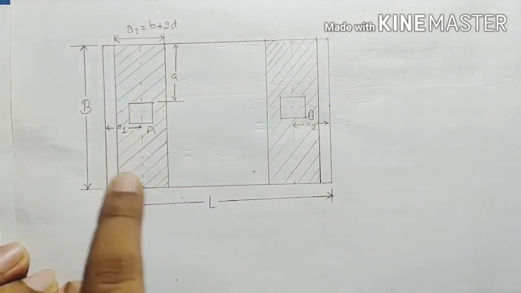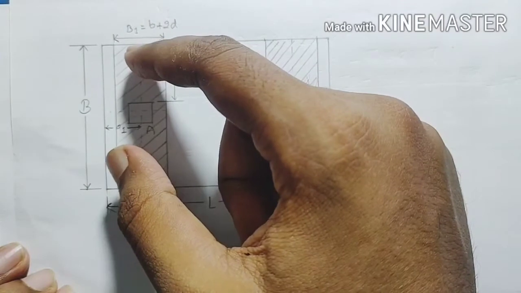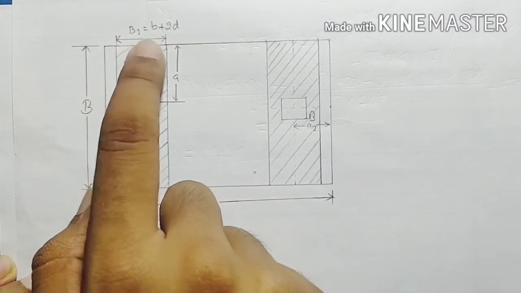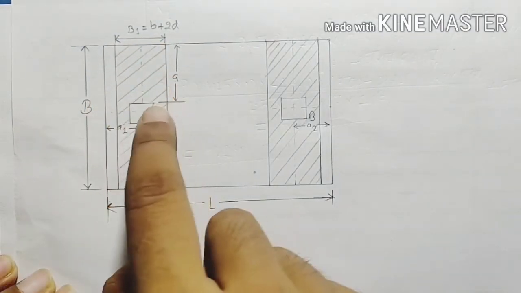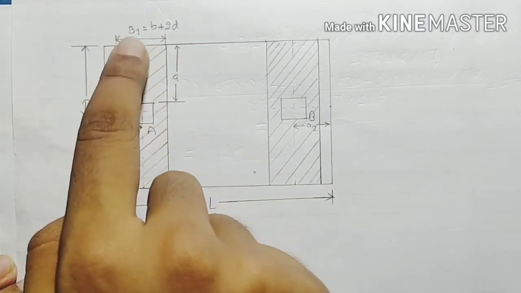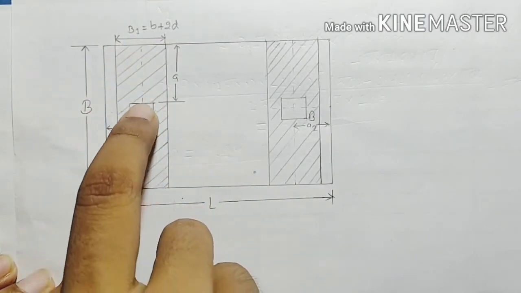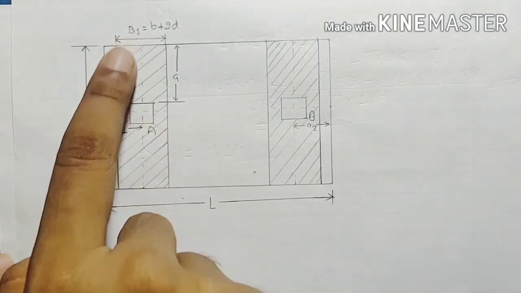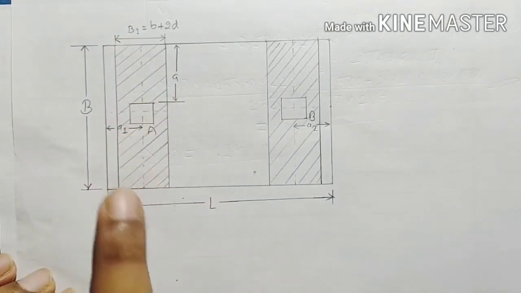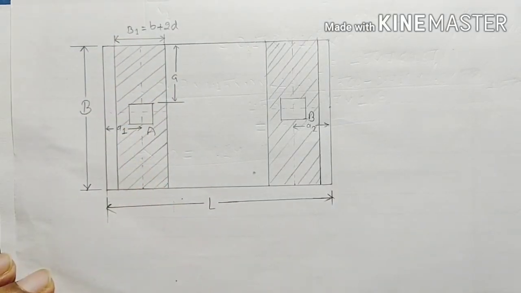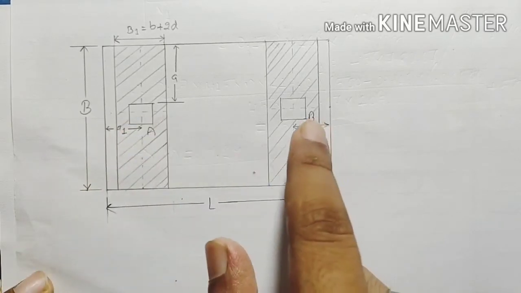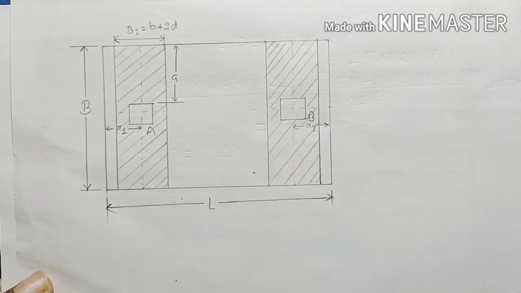This strip portion represents the bending section for the bending in the transverse direction, and B1 is the width of the bending strip, and A1 is the distance from the edge of the longitudinal reinforcement up to the face of the column. So we will need the area of this section for finding the reinforcement. So without wasting time, let's begin to find the transverse reinforcement at column A, and similarly the transverse reinforcement at column B.